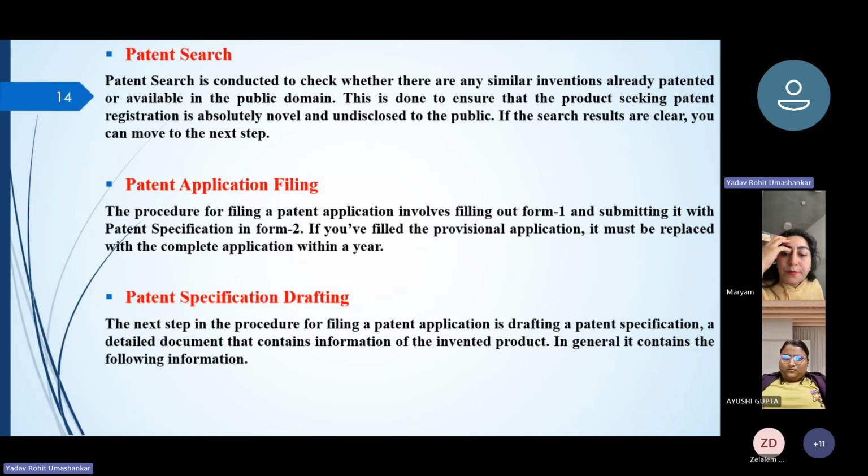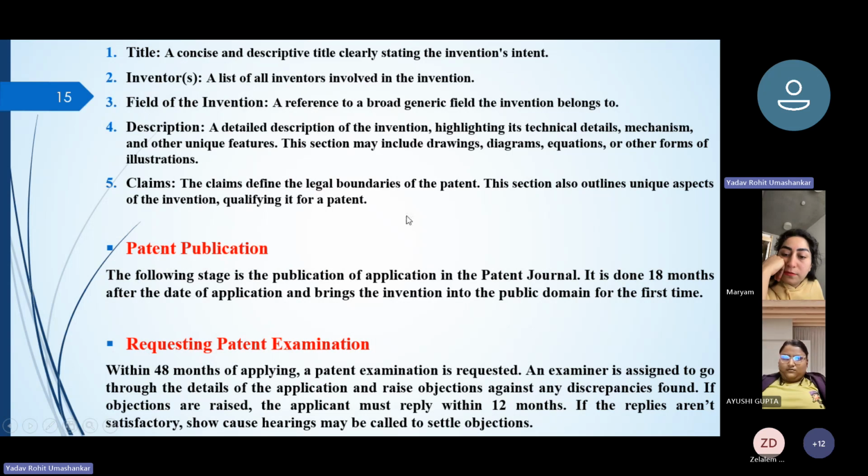So yeah, patent specification drafting. This basically comes under form 2. It contains the general information of the invention. What it contains: a concise and descriptive title clearly stating the invention's intent.